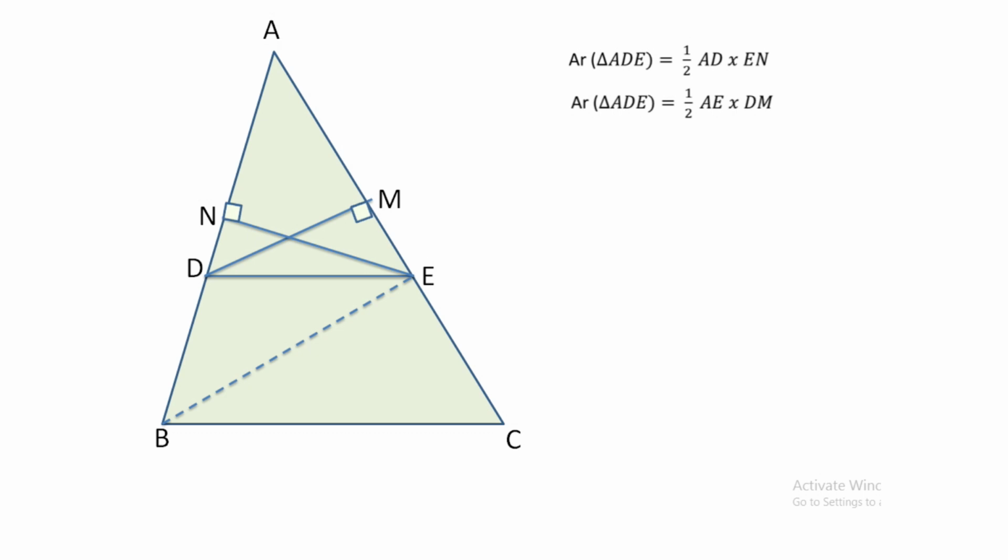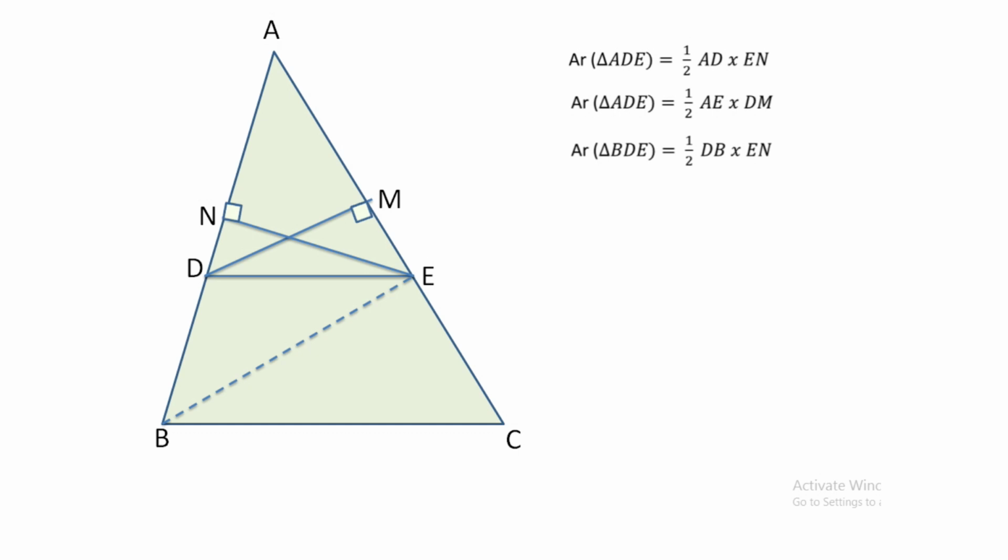One triangle is BDE. How about calculating the area of triangle BDE? Well, if we look at triangle BDE and we take BD as the base, then obviously EN is the height for that triangle, and the area of the triangle BDE will be half times DB times EN.